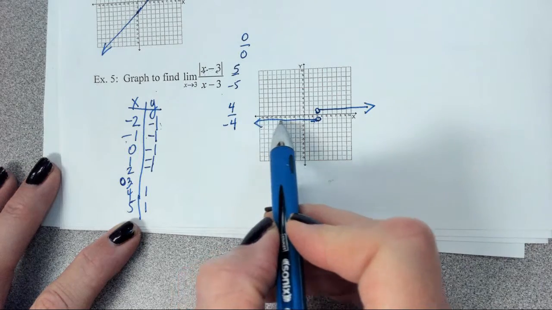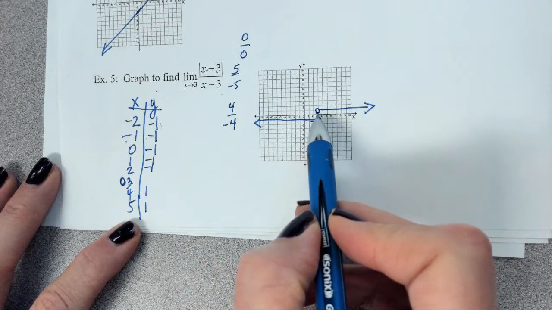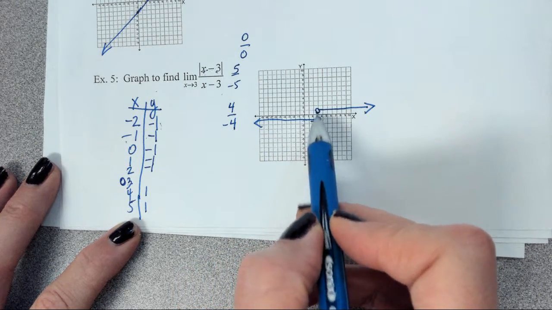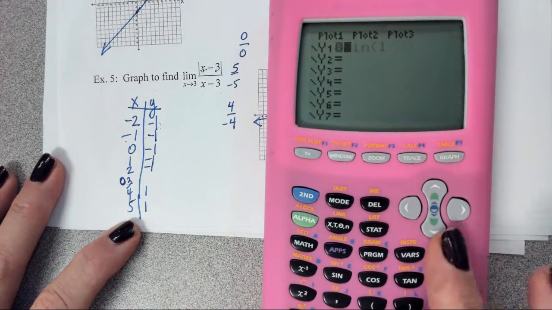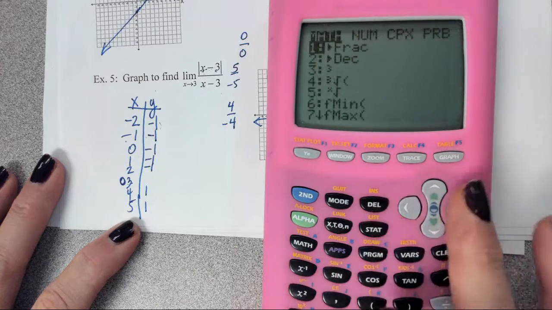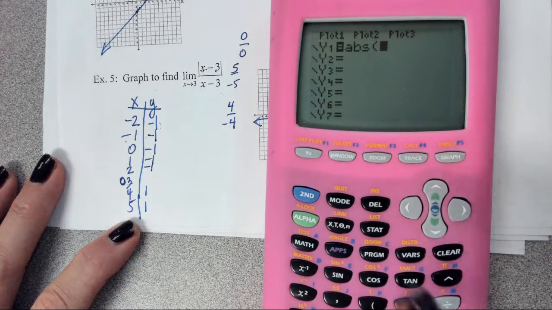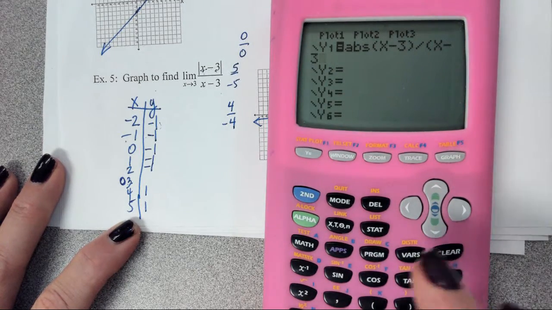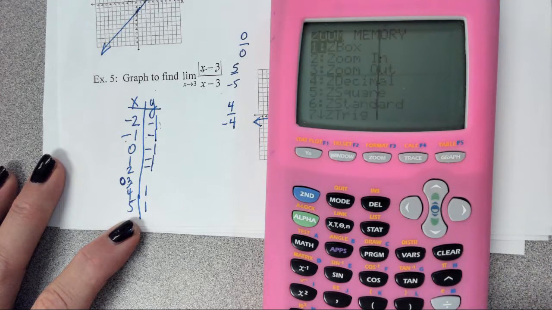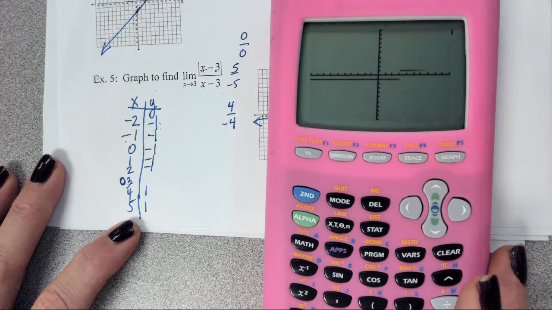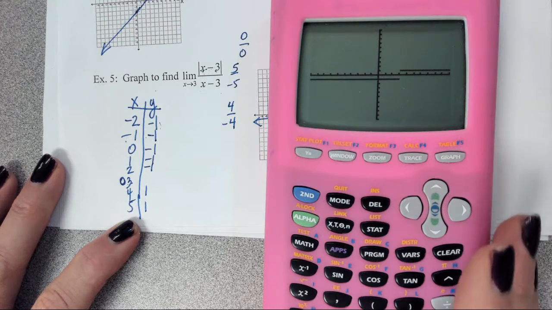See, this is always going to be negative 1, and then when we get to 3, we have this weird thing happening here. You can look at it on the calculator. We can go to math, num, absolute value of x minus 3 divided by x minus 3, and then just do a zoom standard, a zoom 6, and it shows you how it looks.